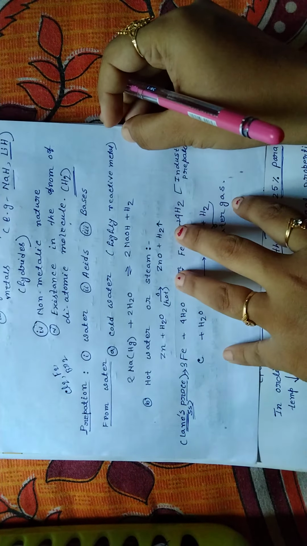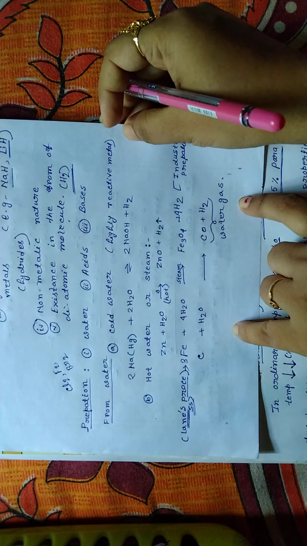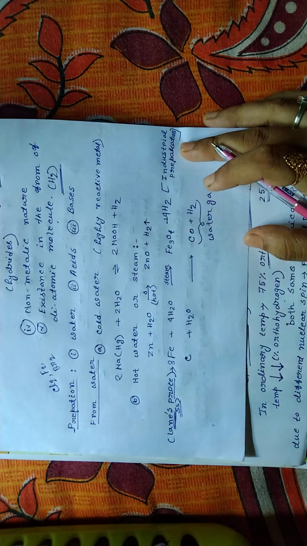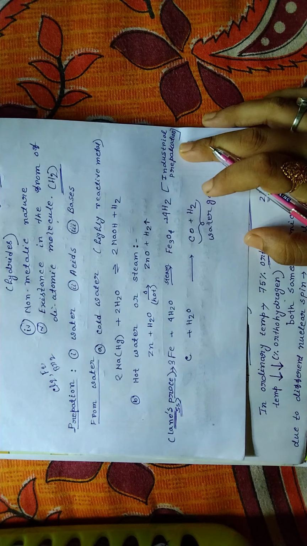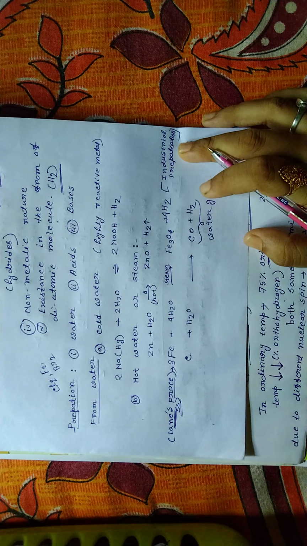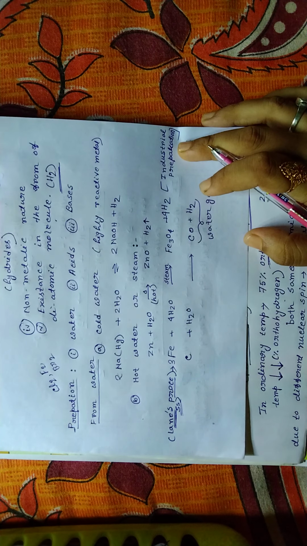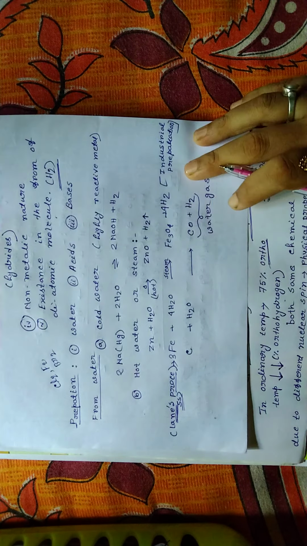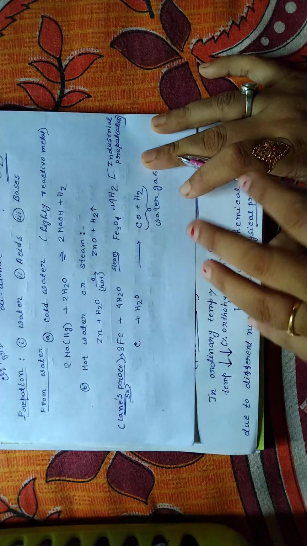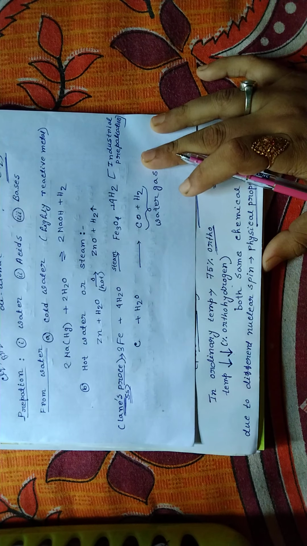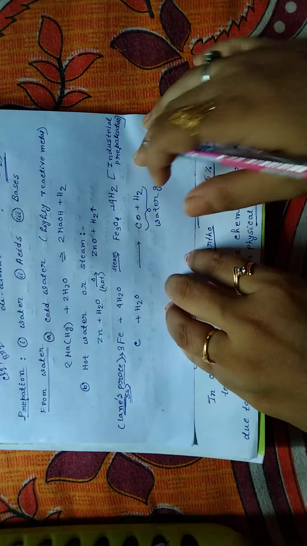Okay, next portion that we are going to discuss is preparation of hydrogen, preparation of dihydrogen. You all know we can prepare hydrogen from water, from acids, from bases also. First we discuss from water. From water we can get hydrogen in different manners.